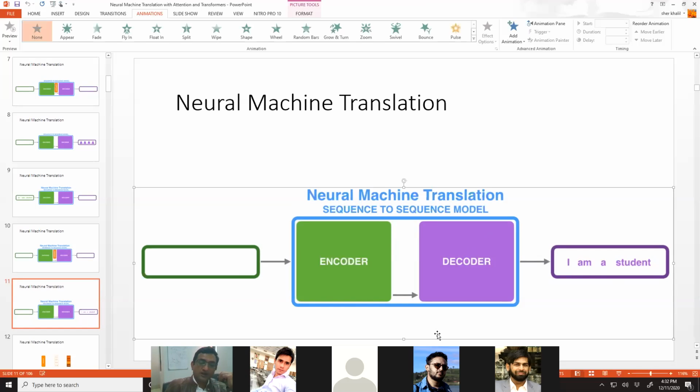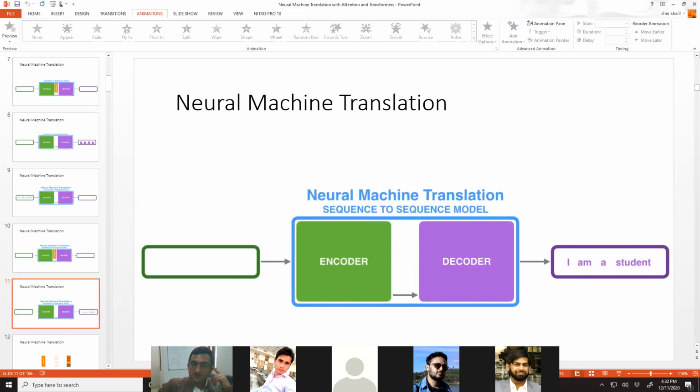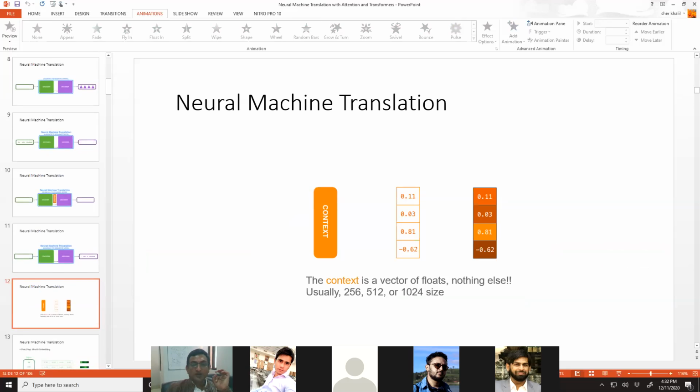Earlier, before the advent of the attention model, these encoders and decoders were just recurrent neural networks, RNNs. They were LSTMs, GRUs, multiple variants of LSTM and GRU, but mainly the encoder and decoder were just these RNNs.